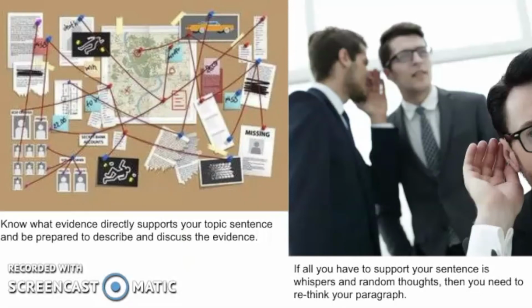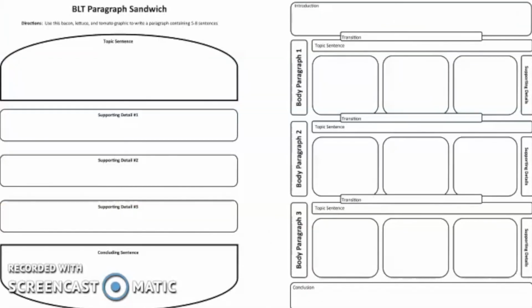So they need to know what that is before they write their topic sentence, and they need to be prepared to describe and discuss that evidence following on from that topic sentence. If all they have to support their sentence is whispers and random thoughts, then they need to rethink their paragraph. To help students do that, use graphic organisers to tease out the evidence before they then craft their topic sentence.